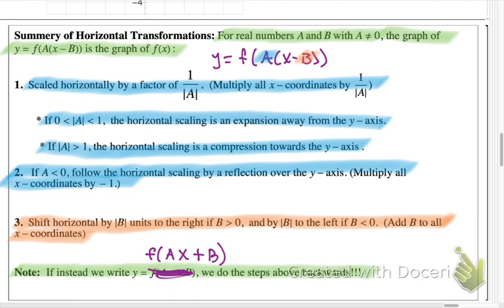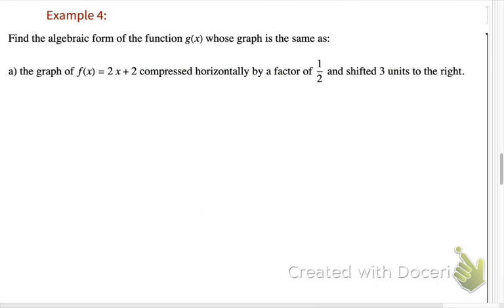Okay, so let's do another example, where we're starting with algebraic expressions and we're going to apply some sort of transformation to that function. I start with an algebraic expression for a function, describe the transformations, and I should be able to find the algebraic expression or equation of the resulting function. We're going to come back to some examples where we do this graphically, but we're going to start here with working with algebraic forms or equations and then apply transformations.